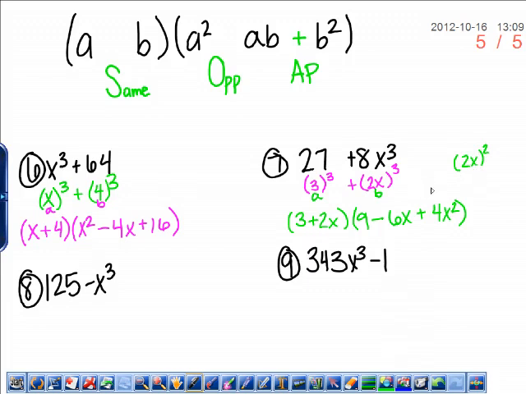Okay, look at 8. 125. What cubed gives us 125? And what cubed gives us x cubed? All right, please go ahead and finish number 8.